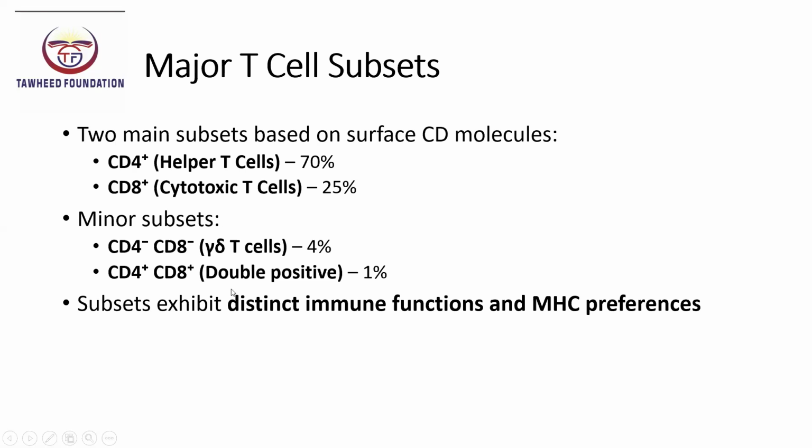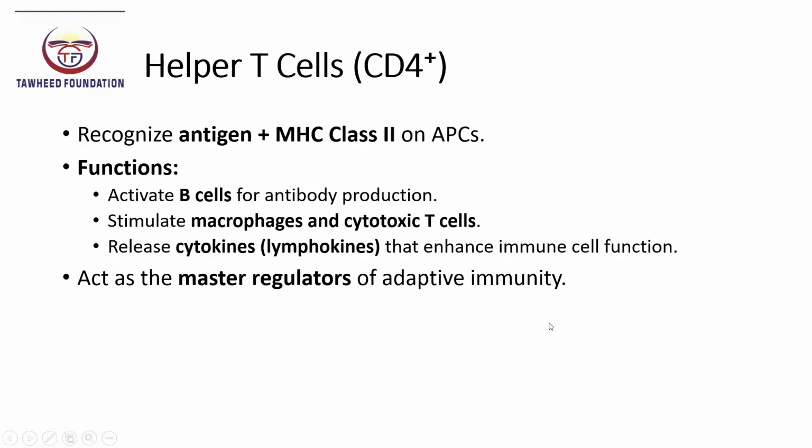Minor populations include double negative and double positive. Double negative, CD4 minus CD8 minus gamma delta T cells, that is 4%, are involved in early mucosal defense, and double positive, CD4 plus CD8 plus cells, that is 1% only, are mainly observed during thymic development. Each subset has a distinct functional specialization and MHC restriction.